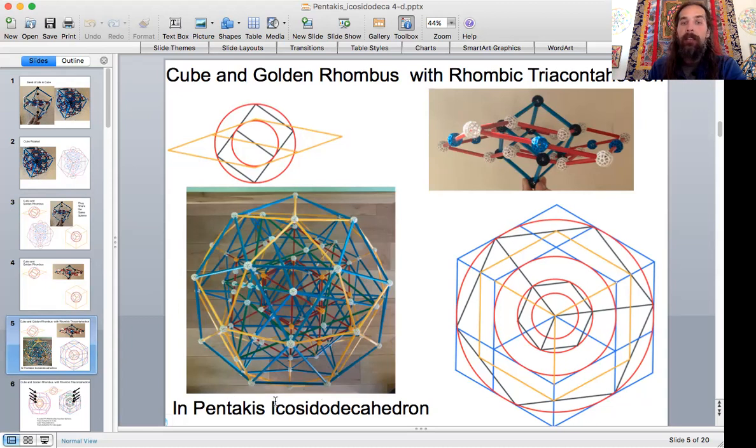So this here is the Pentakis Icosidodecahedron, which is a part of that rhombic tricontahedron shape. I know I'm throwing around some gigantic words at you. Hopefully these are going to make sense. This is part of our evolution in understanding sacred geometry that goes beyond our understanding of the 5 platonic solids.